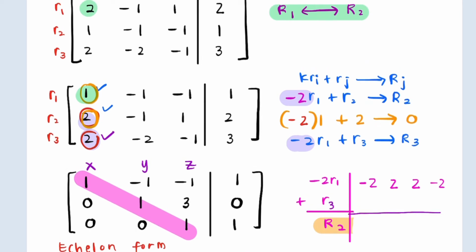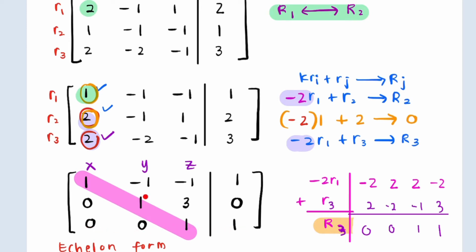Let's put the value of R3 here, which is 2, minus 2, minus 1, and 3. So we have multiplied minus 2 R1, and now let's add to R3 so that we can put it at the new row 3. So this is 0, 2 plus minus 2 is 0, 2 plus minus 1 is 1, minus 2 plus 3 is 1. So let's rewrite 0, 0, 1, 1 and put it here.